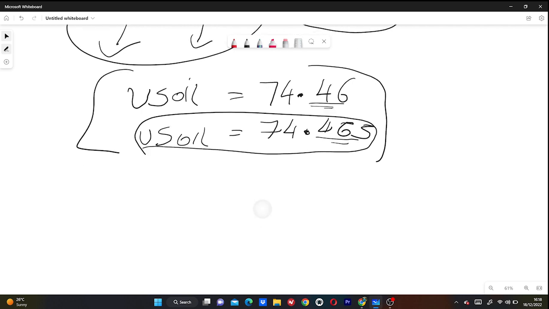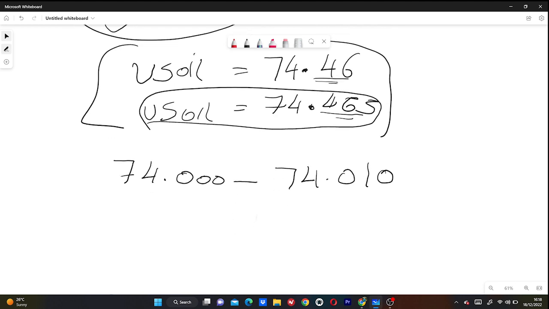For example, assume the oil moved from 74.000, those are 3 digits, and it moved up to 74.010. So it has moved by how many points?